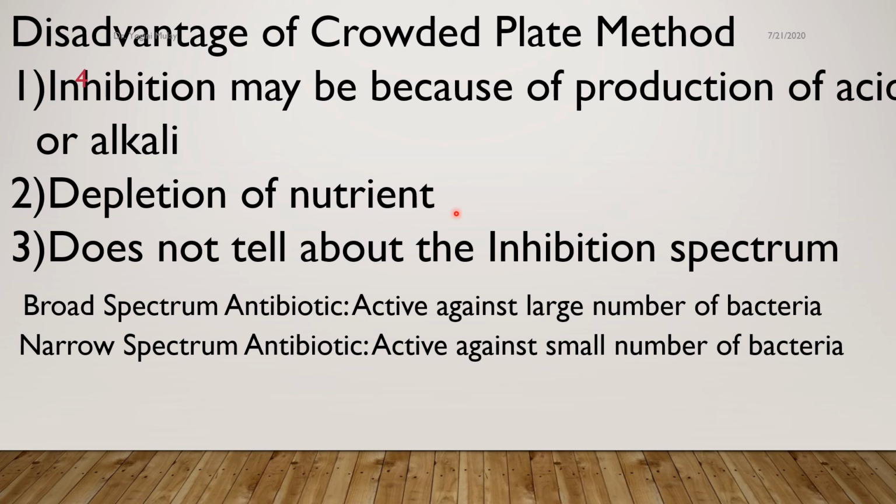In addition to this, this method does not tell us regarding the inhibition spectrum. What do I mean by inhibition spectrum? Whatever antibiotic is produced by the colony, whether this antibiotic is capable of acting on a large number of bacteria, or it is active against a small number of bacteria.